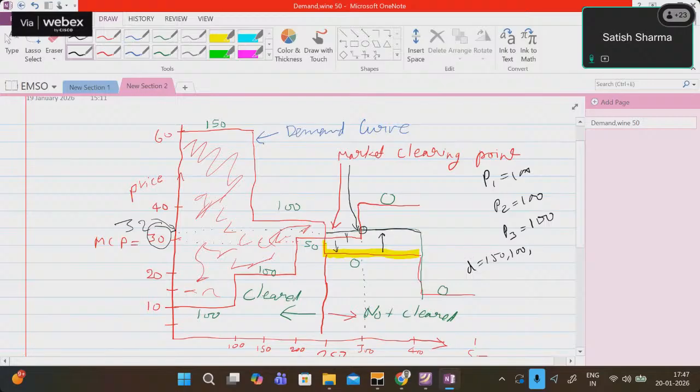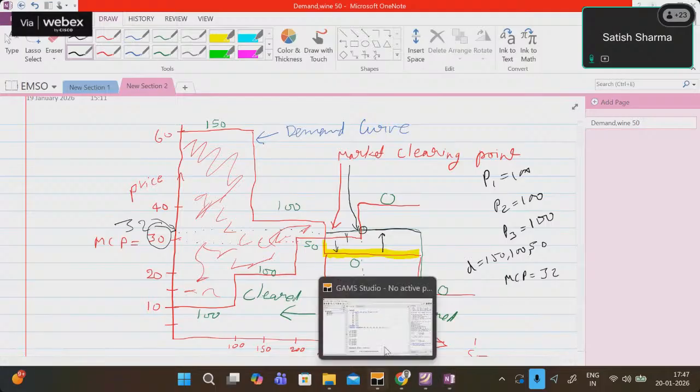And the third part is basically this much power, which is 50 megawatt, I think. So D3 will be equal to 50, and market clearing price will be equal to 32.